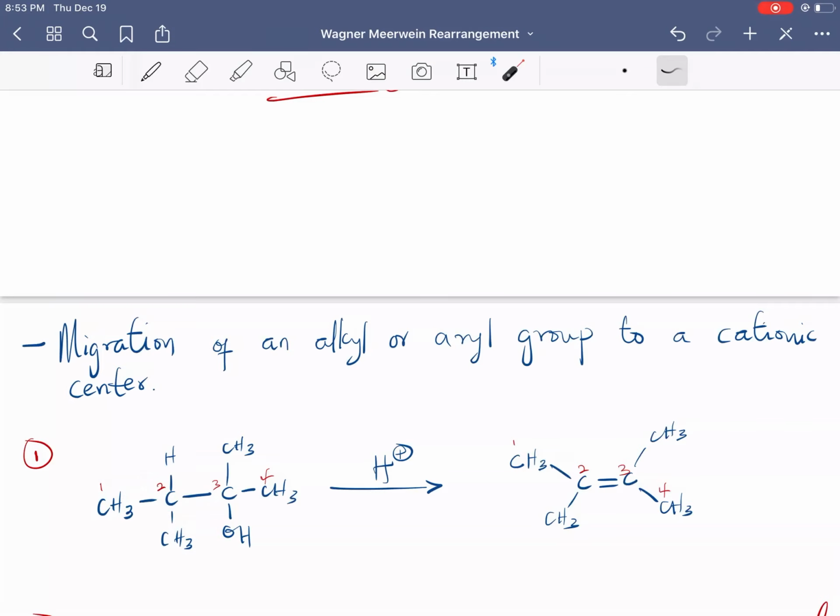Then when we come to the product side, this carbon 2 here also has 2 methyl groups attached to it. Now carbon 3 here has 2 methyl groups attached to it, whereas this carbon 3 in the product side also has 2 methyl groups attached to it. So clearly this is not an example of a rearranged reaction, because this product here is not a rearranged product.